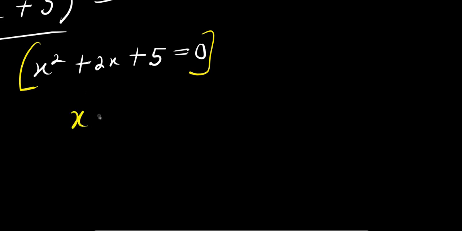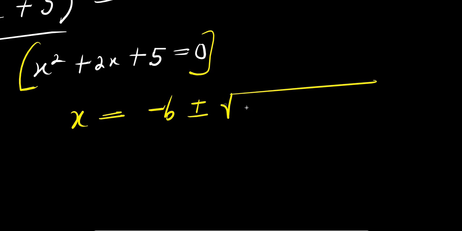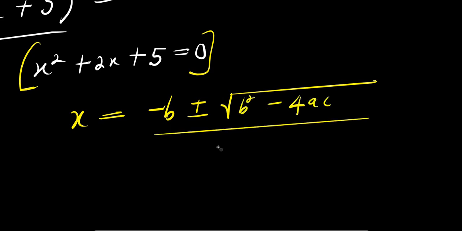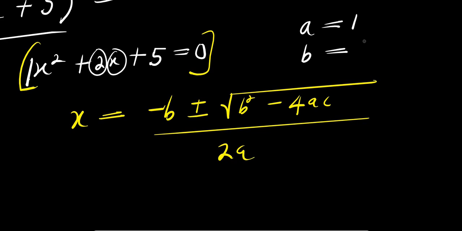In this case, we consider the formula method, which is negative b plus or minus square root of b squared minus 4ac, divided by 2a. My a is the coefficient of x squared here, which is 1. My b is the coefficient of x here, which is 2. And my c is 5, which is the constant here.